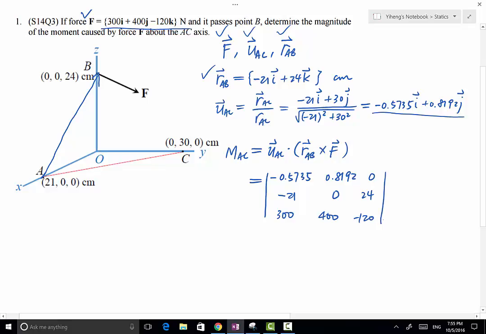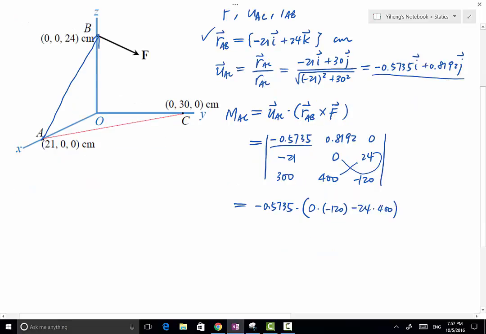And when we do the calculation, we're again using the determinant of the component matrices, just like how we determined the cross product of R and F before. So when we calculate it, this is negative 0.5735, this first term right here, multiplied by this term, multiplied by this term, minus this term multiplied by this term. So 0 multiplied by negative 120 minus 24 times 400. That's the first term. And then we switch sign.